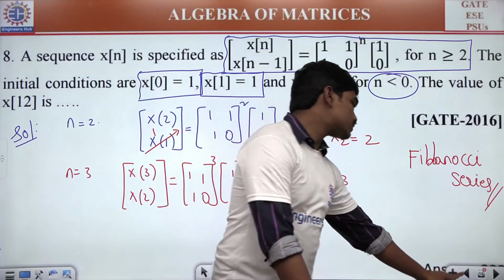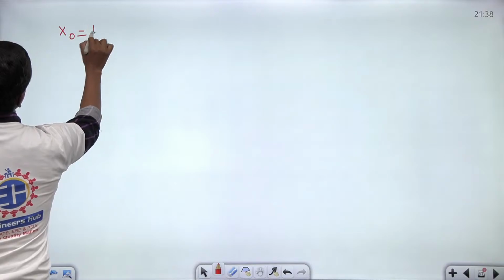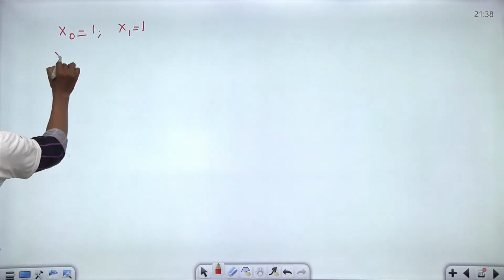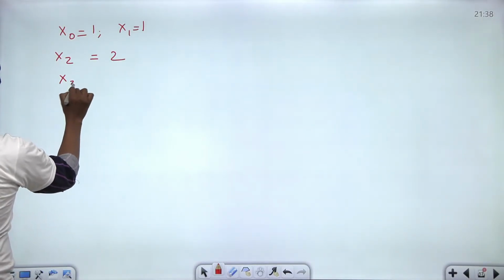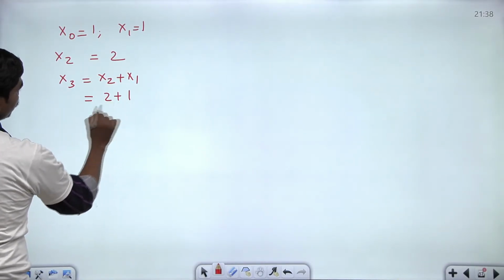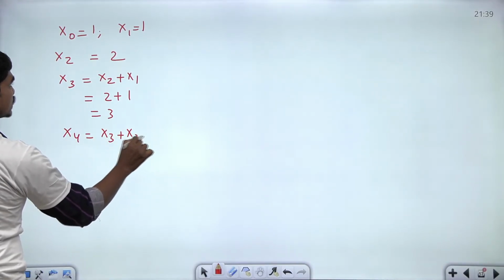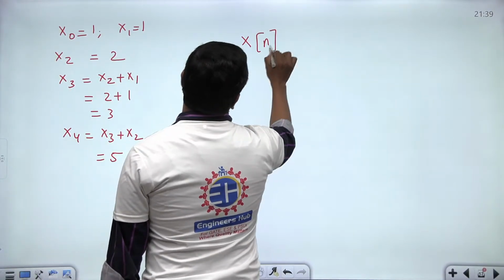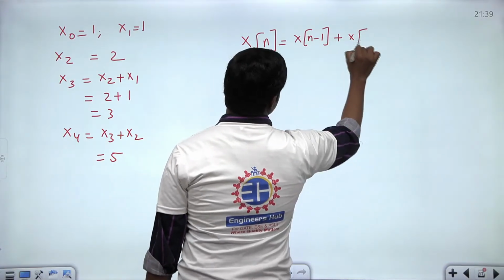Okay, what is this Fibonacci series? Initially you will be taking the two terms as x0 is equal to 1 and x1 is equal to 1. Next, x2 is summation of 1 plus 1, 2. x3 is again summation of x2 and x1, which is 2 plus 1, 3. x4 is again summation of x3 and x2, which is 5. So generally if you take any term, xn is same as xn minus 1 plus xn minus 2.